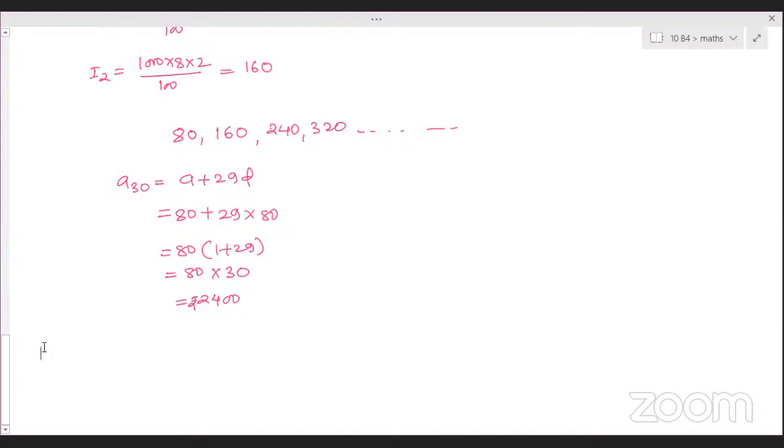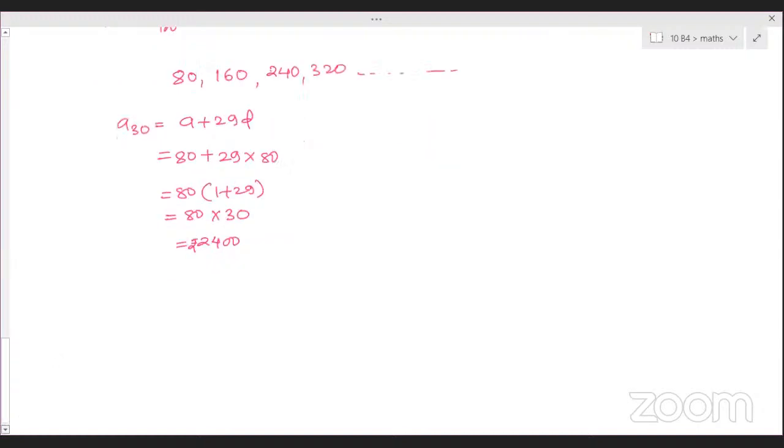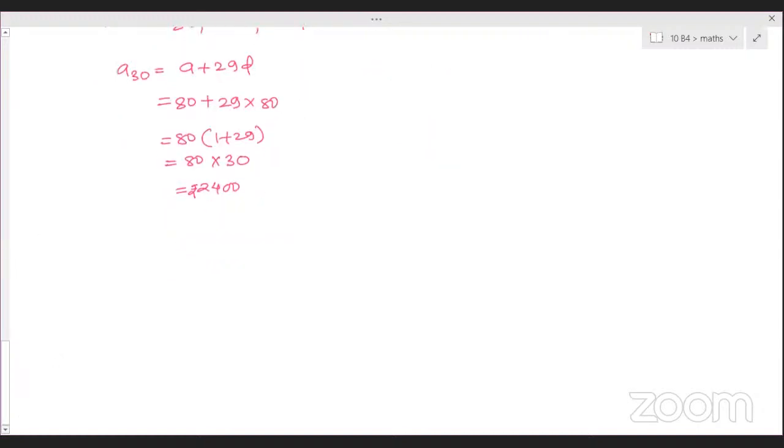So for that case, just like we are considering 3 consecutive numbers as x, x plus 1, x plus 2, right? Like that here also we have to consider any 3 terms in AP, so they have the same common difference.